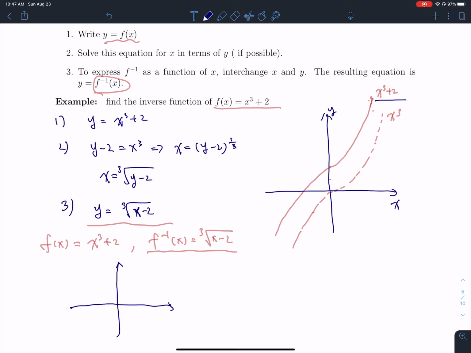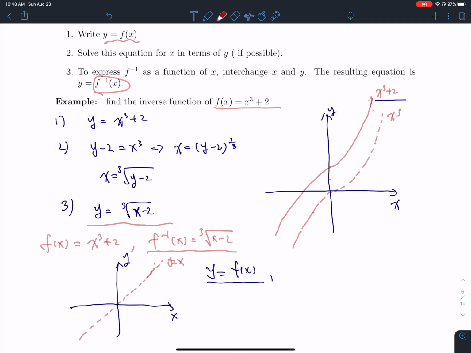So we know the function f of x, okay? So a more general term here, this is x and y, and we separate it by the line y equals x.